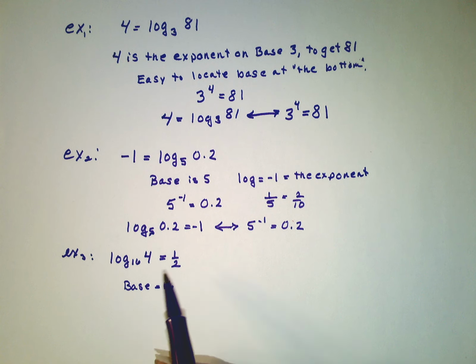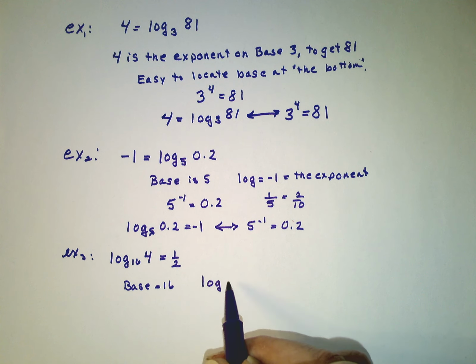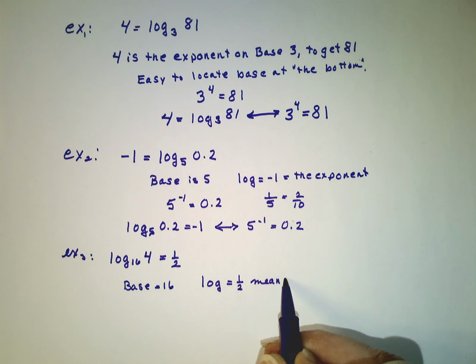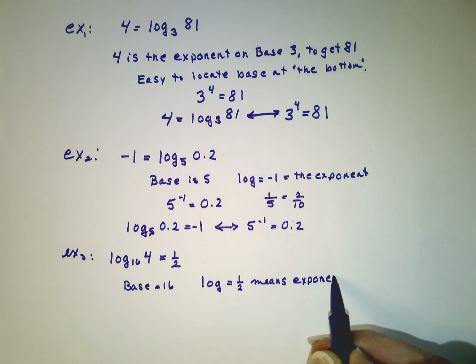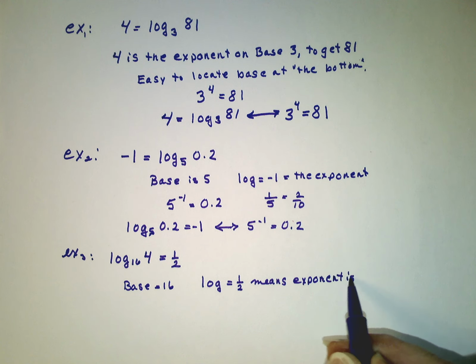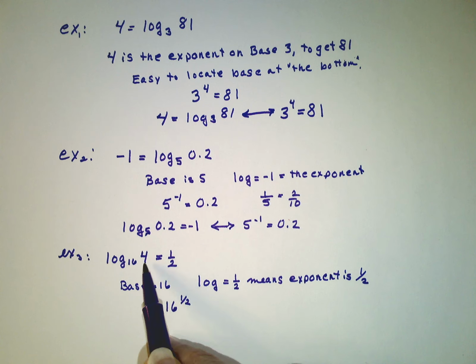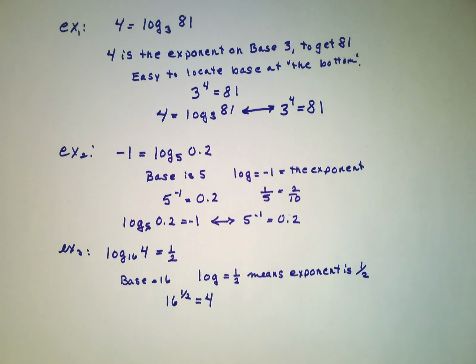Whatever the log equals is the exponent. So the log equals 1/2 means the exponent is 1/2. So far we got base 16 raised to the 1/2 power. The answer to that should be 4. Now you remember that the 1/2 power means square root, so this does indeed work.